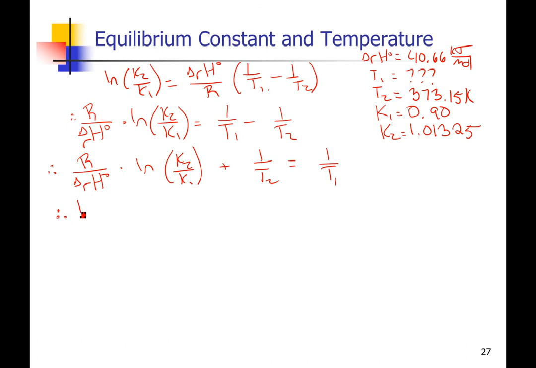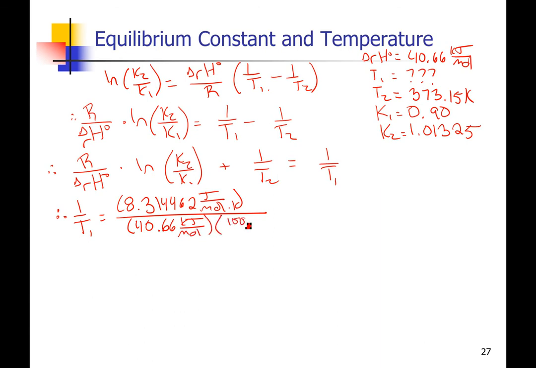So I'm therefore instead going to start plugging in numbers at this point. And so I have 8.314462 joules per mole Kelvin divided by 40.66 kilojoules per mole, remembering that I then need to convert my kilojoules into joules.